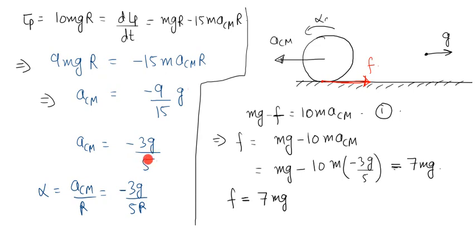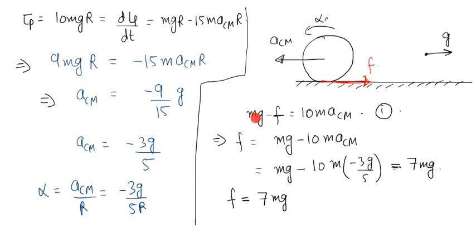So ACM is coming out to be negative, which means that the acceleration will not be in this direction but towards the right direction. So alpha is ACM into R, which is 3G by 5R. So again alpha will also come out to be negative. The original direction of alpha was chosen in the anti-clockwise direction. It means that alpha is not in the anti-clockwise direction, it will be in the clockwise direction.